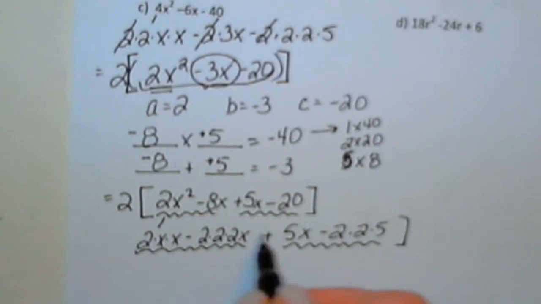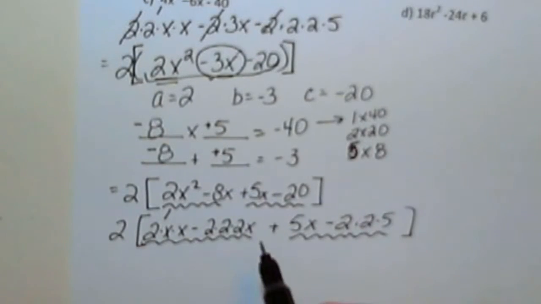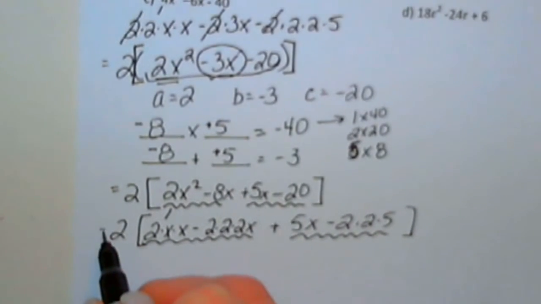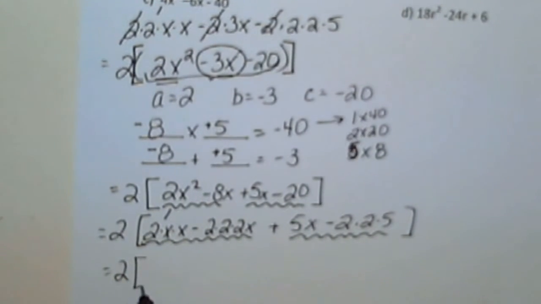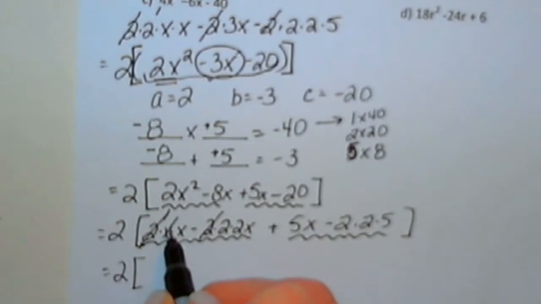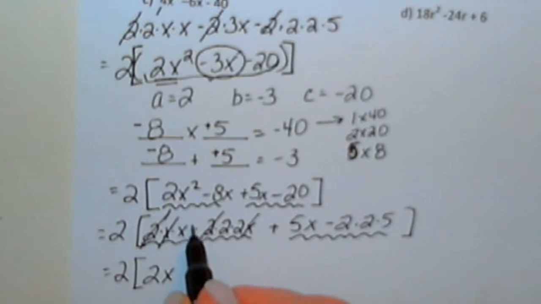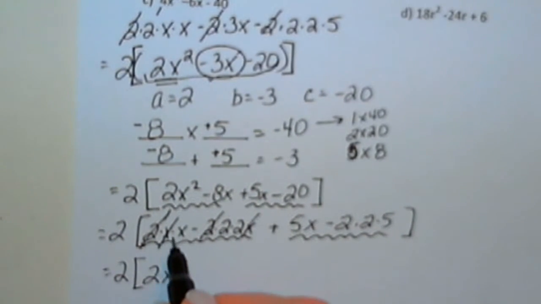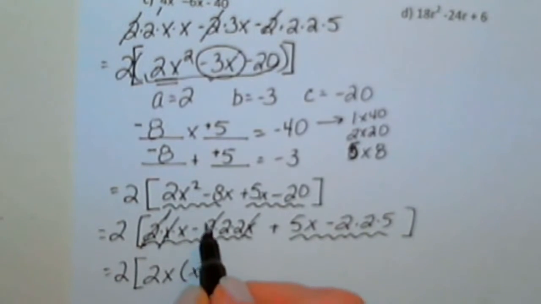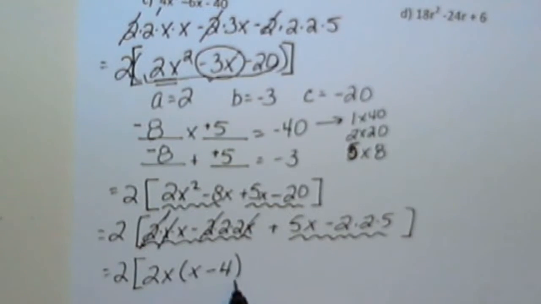Now, let's put these inside the square brackets that I had with the 2 out front. What do these two have in common? Well, they both have a 2 and they both have an x. So let's write down the 2x, and in round brackets now, I have an x left, I have a minus sign left, and I have a 2 times 2, which is 4 left.